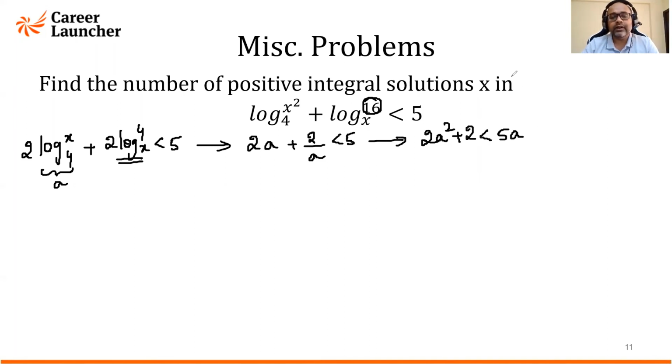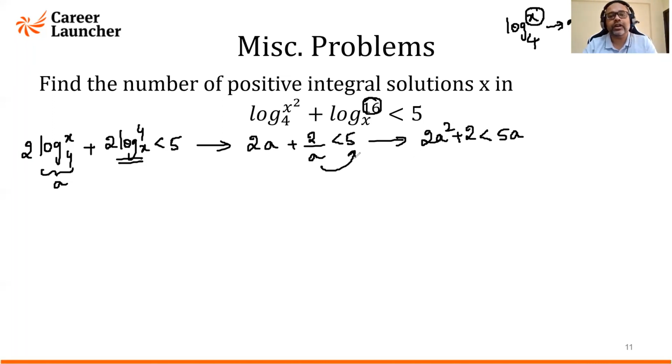Now remember, I'm able to take this a to the right hand side after LCM, because I am only looking at positive integral solutions of x. If x is a positive integer greater than 1, then log x base 4, that is your a, will definitely be positive.